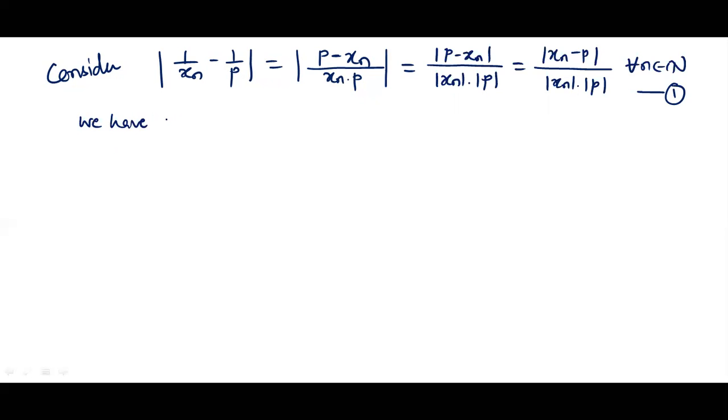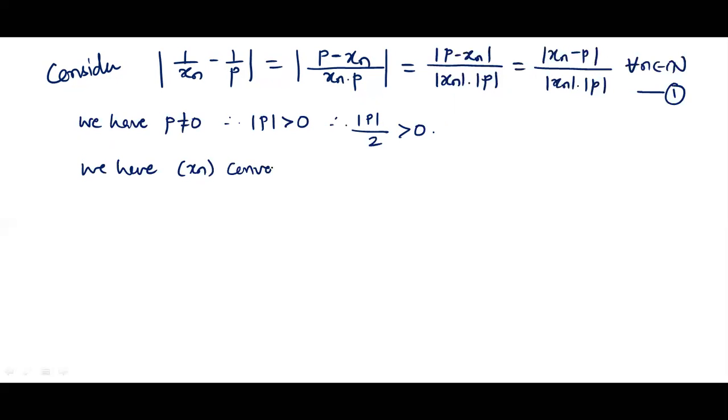See, we have p is non-zero, therefore mod of p is greater than 0, and therefore mod of p by 2 is greater than 0, right? And we have xn is a convergent sequence of real numbers converging to p.